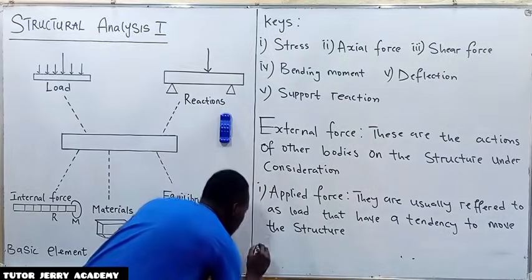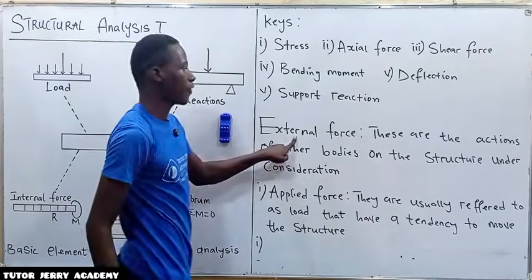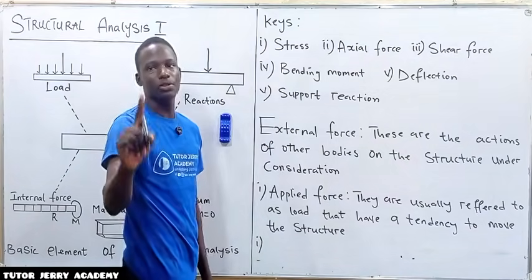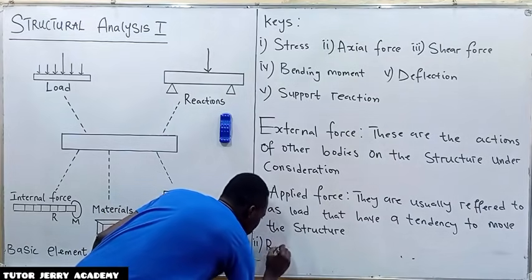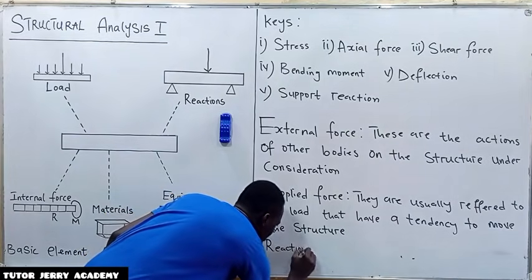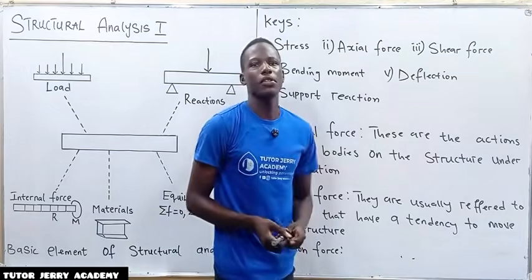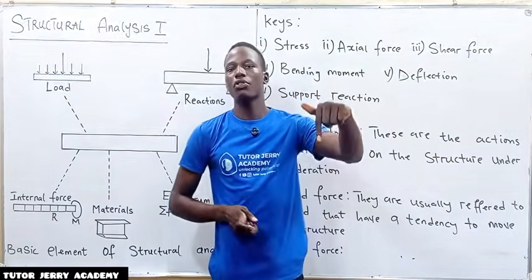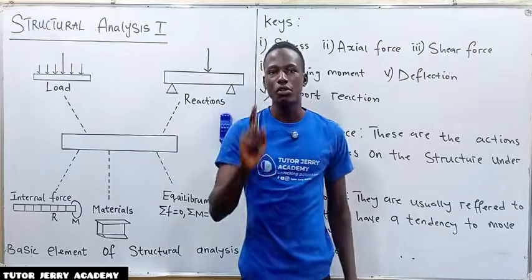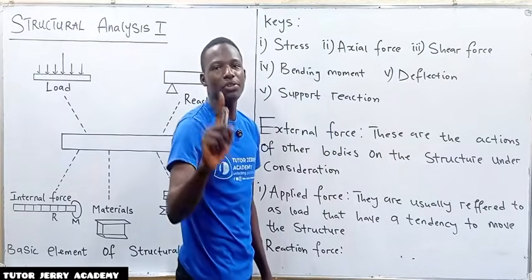Now, the second classification of an external force is reaction force. Now, what is a reaction force? They are forces exerted by the support on the structure that have a tendency to prevent motion and keep that structure in equilibrium.